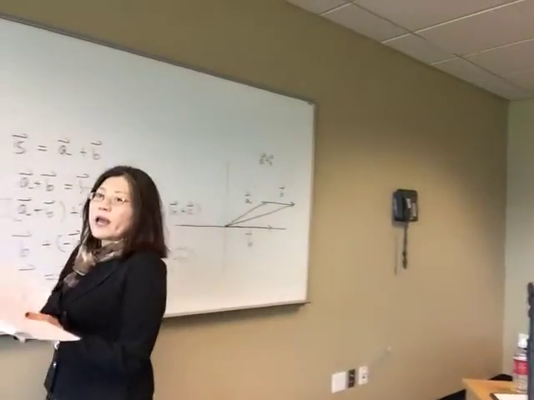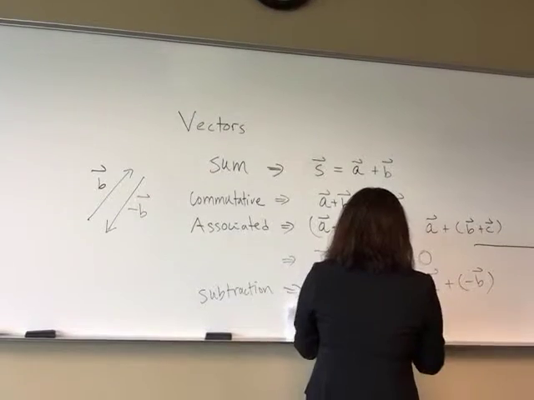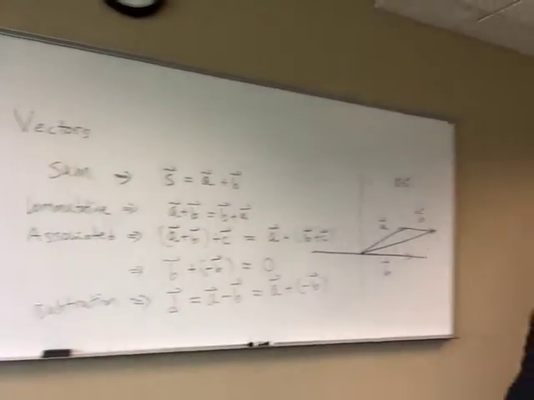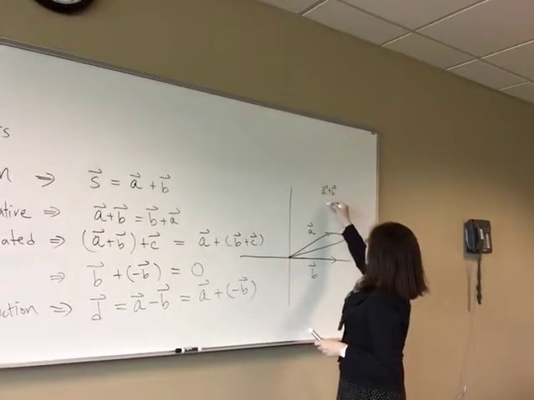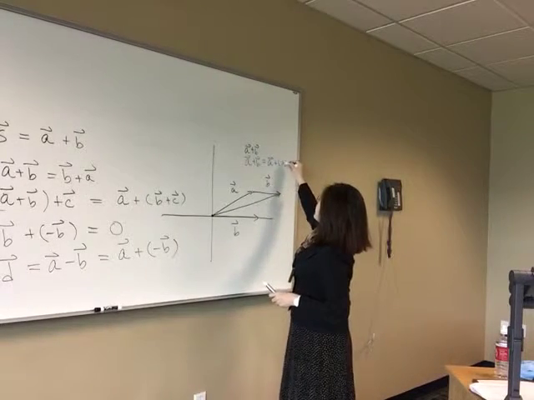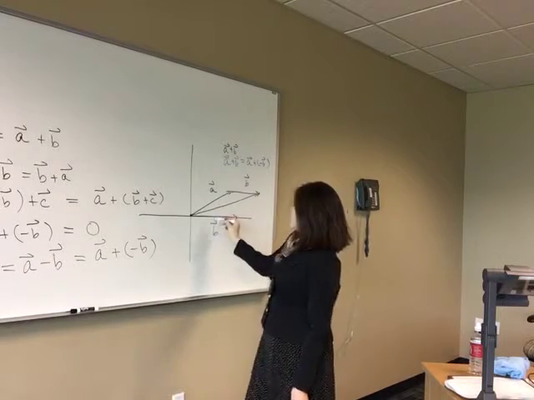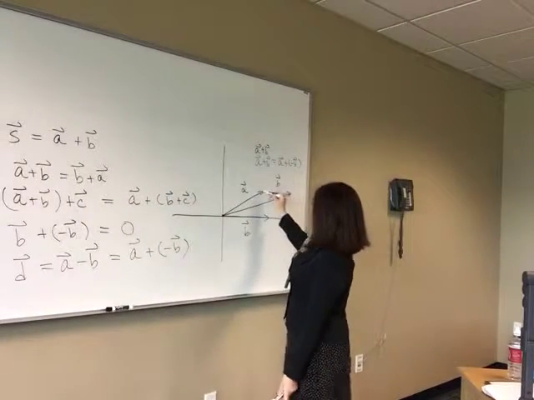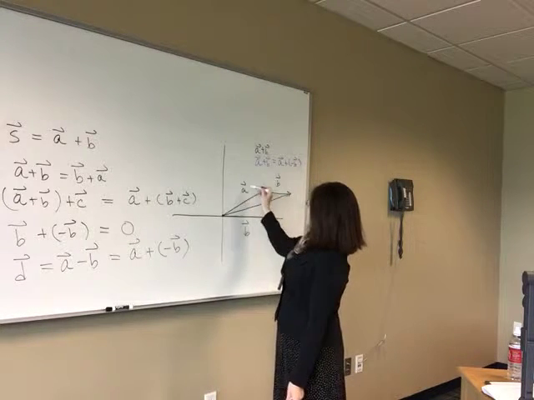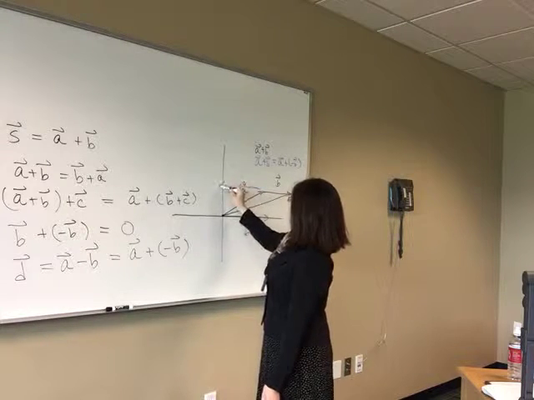What about if you want to do A minus B? So that's A minus B, which is equal to A plus negative B. So your B here is now pointing in the opposite direction. So you have A, and this is your B, and then you're going to have it like this.